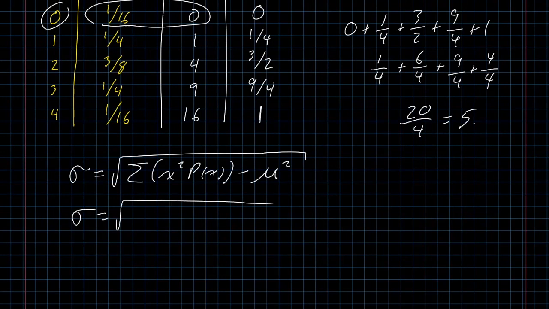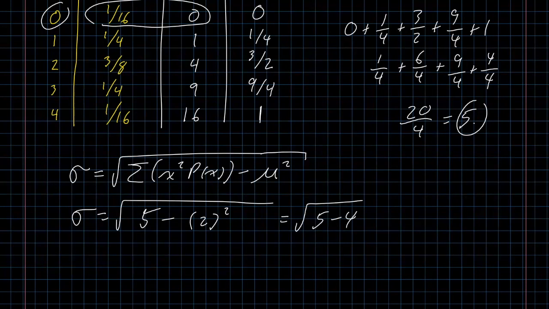The sum of all the x squared p of x is the 5 that's right here. Mu is 2. 2 squared is 4. 5 minus 4 is 1. And the square root of 1 is 1. So my standard deviation for this distribution is 1.